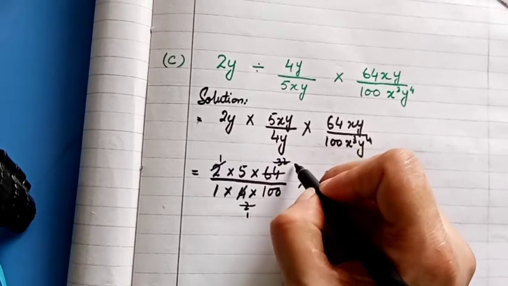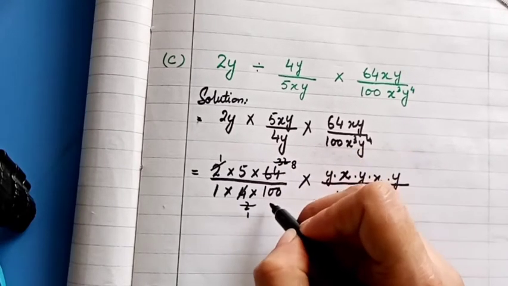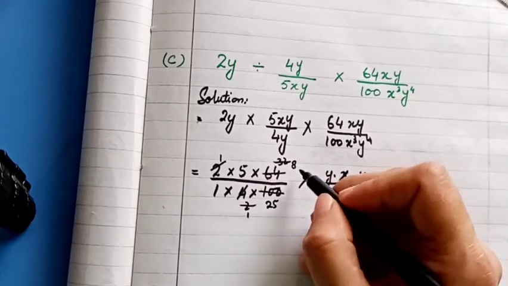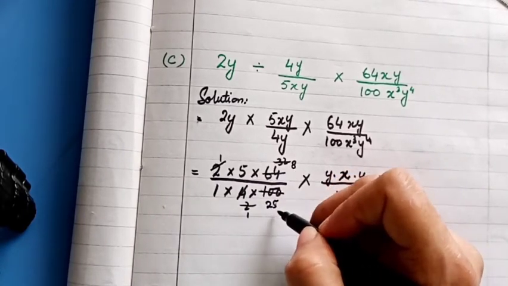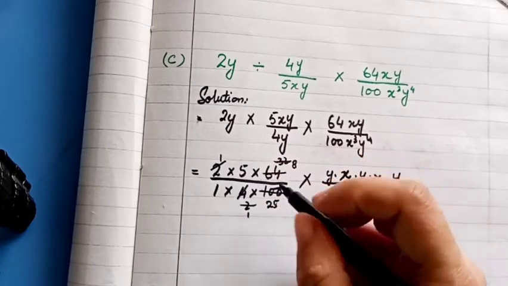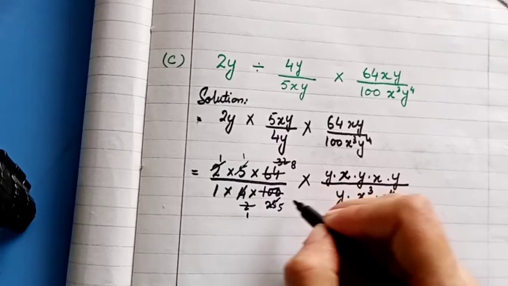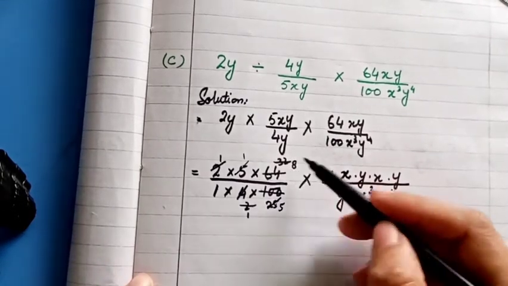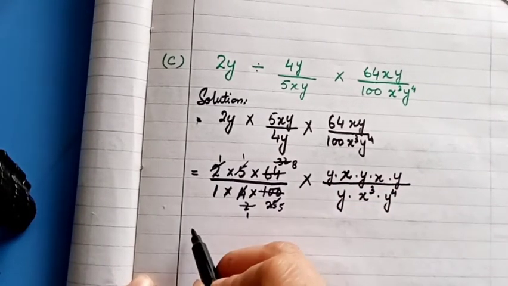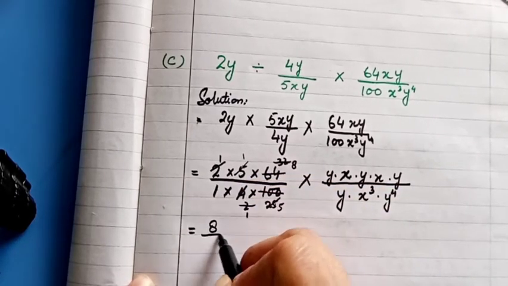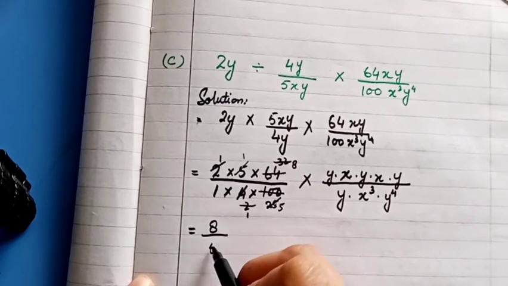So 4 8s are 32, and 4 25s are 100. Now we cannot cancel these two numbers further, so I am going to cancel these two numbers with the table of 5. 5 1s are 5, and 5 5s are 25. So we cannot cancel them further, so I am just writing 8 multiplied by 1 will be 8, and in the numerator we have 5.